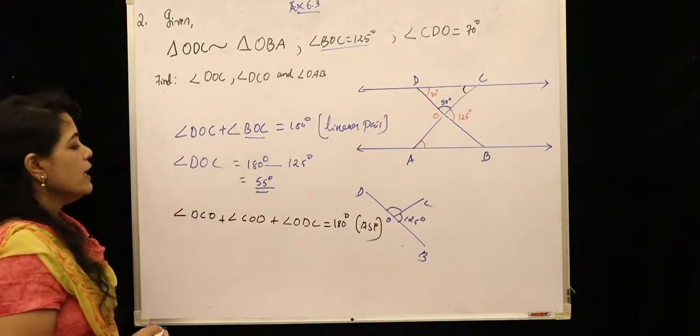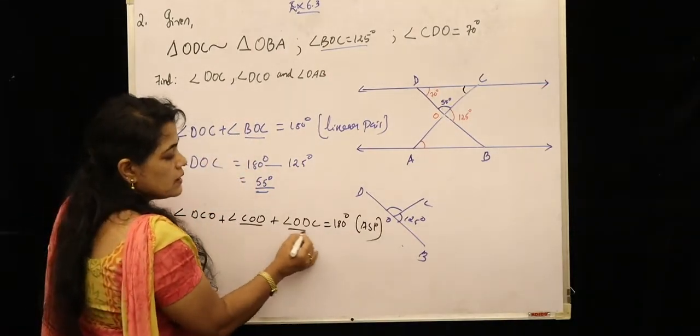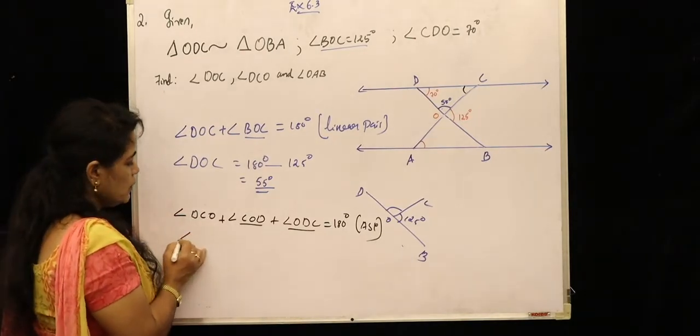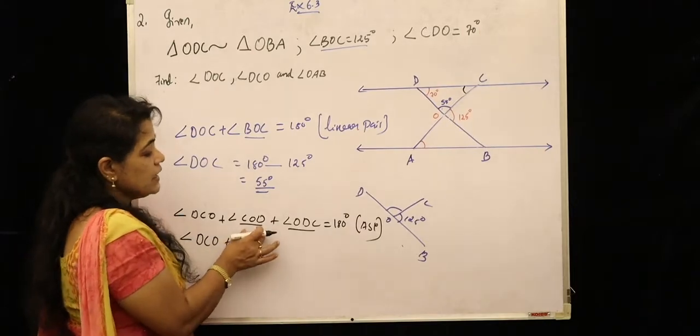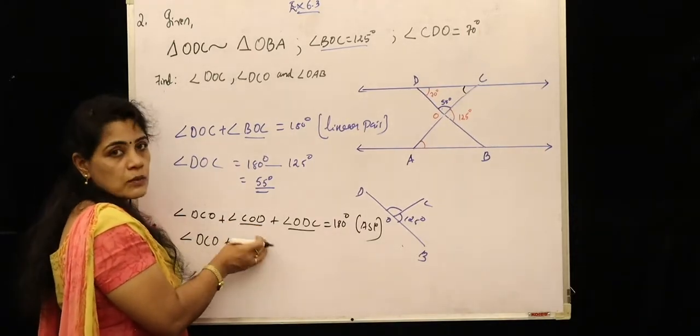ASP. Okay, and you can substitute for this and this. Okay, and we know angle DCO is the required angle. COD or DOC, both are same.